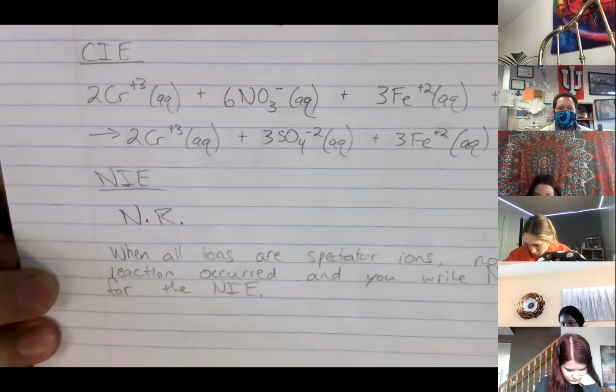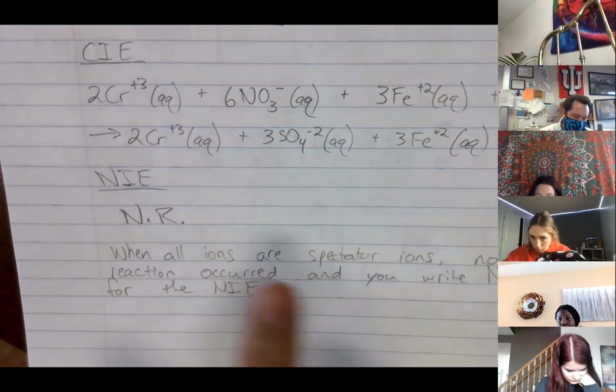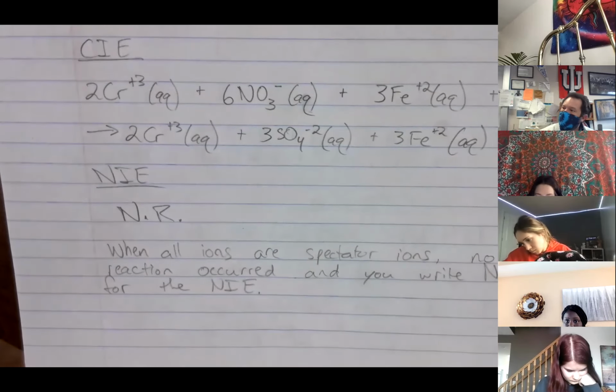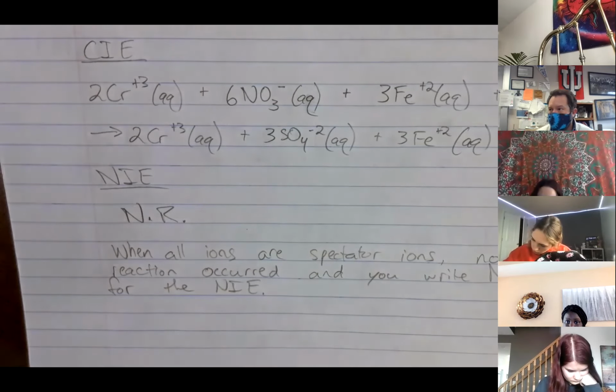When everything turns out to be a spectator ion, nobody actually reacts, nobody does anything, you write no reaction in for the net ionic equation.